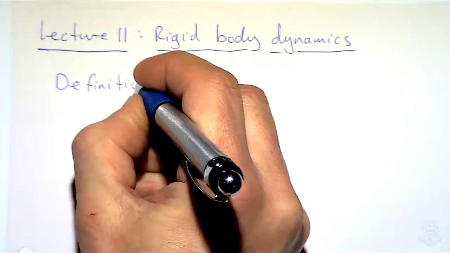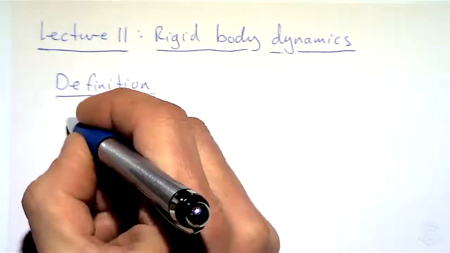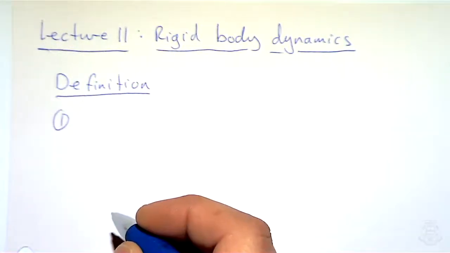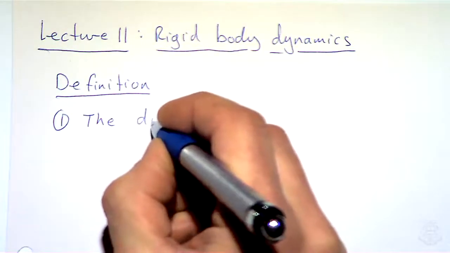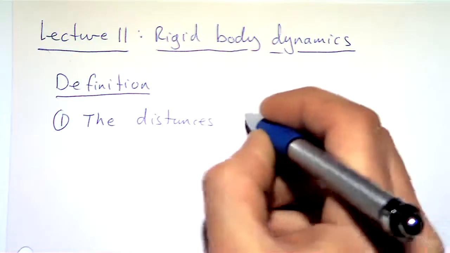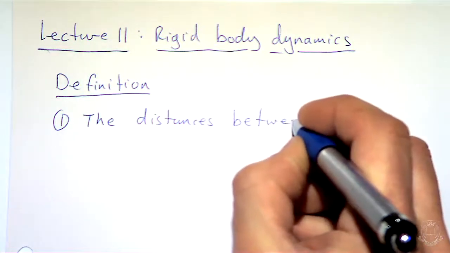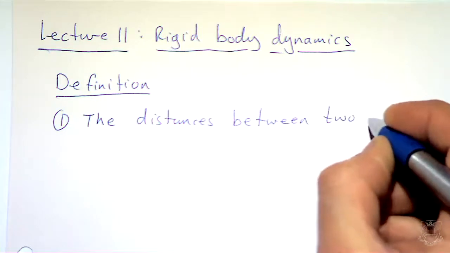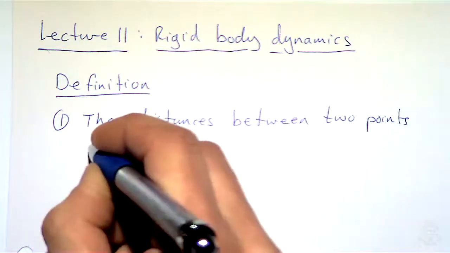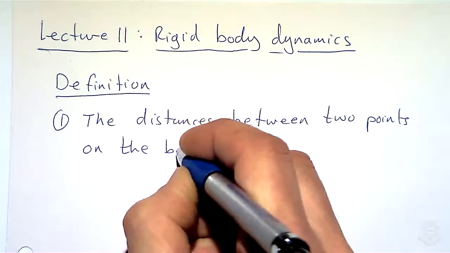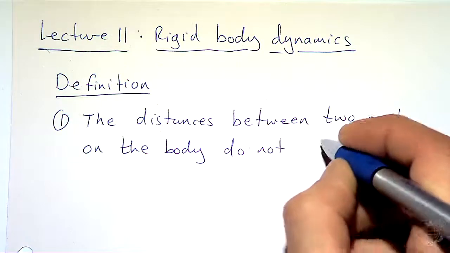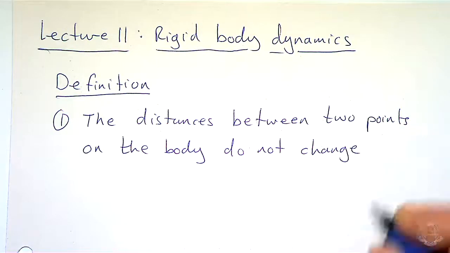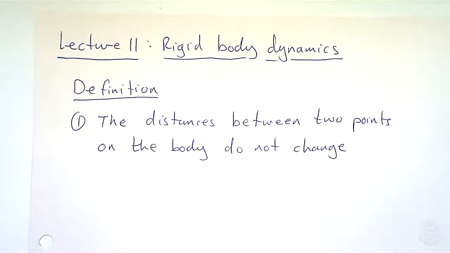So we're going to start with a definition. For a rigid body, the distances between two points on the body do not change. We'll draw a sketch in a minute to show how this works.